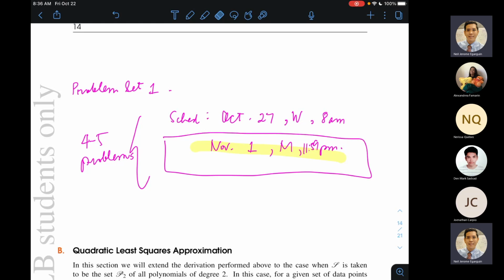We said that curve fitting is another form of approximation, which is different from interpolation because here we are treating error in a much more global sense. Hindi natin nire-require na mag-zero yung error sa nodes. Kung hindi, ang tinatry natin i-minimize ay yung total ng squared errors sa lahat ng mga data points. So, ibig sabihin, ang idea rito, kina-capture natin yung trend.